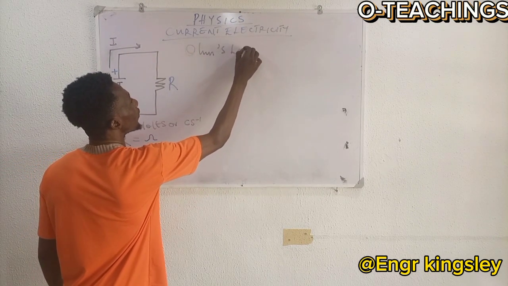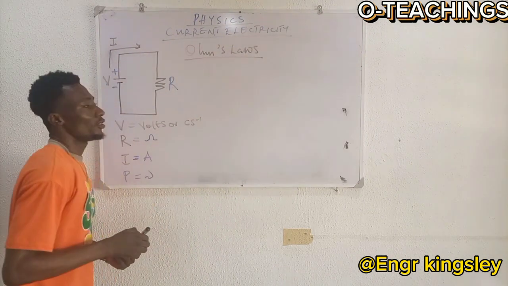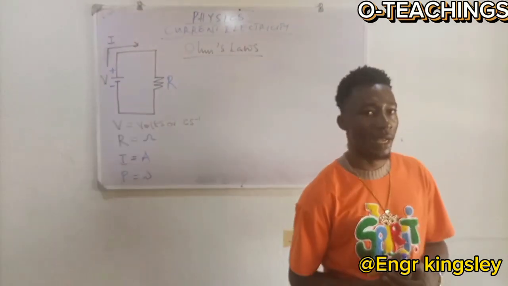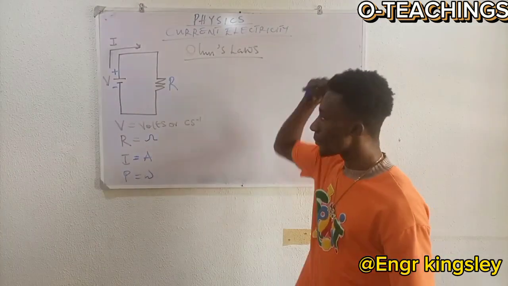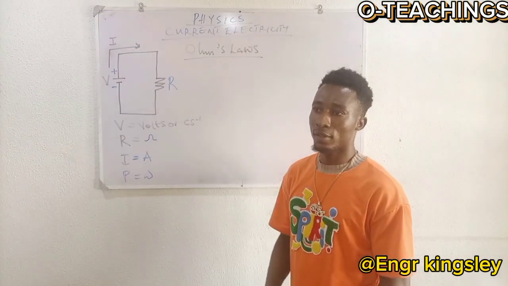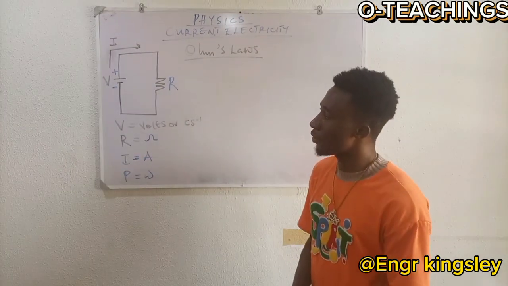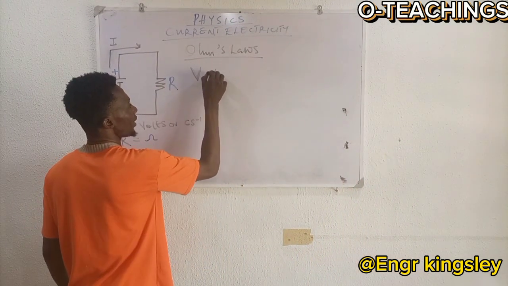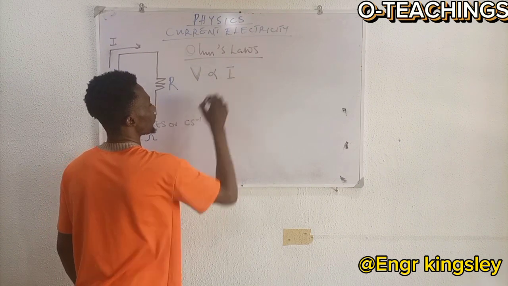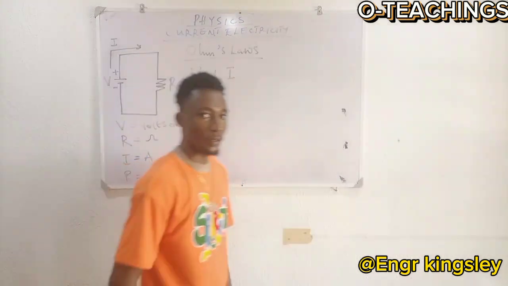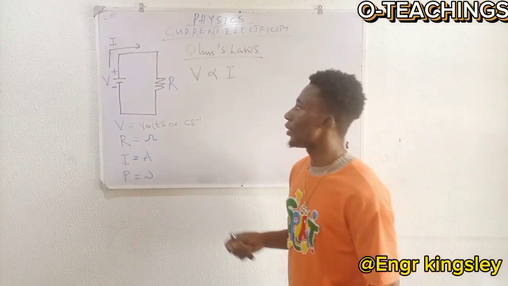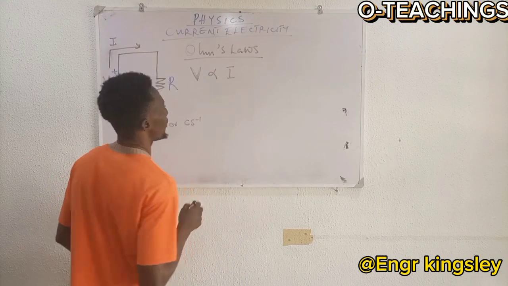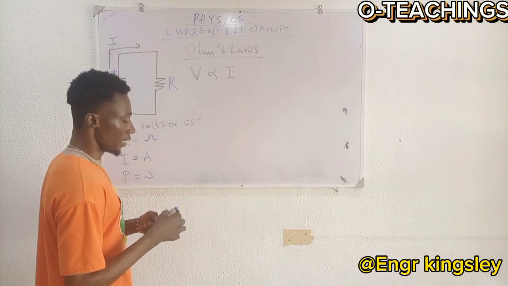Ohm's law states that the potential difference in a conductor is directly proportional to the current flowing in the conductor, provided that temperature and other quantities are kept constant. So whenever there is a proportionality sign, there is always a proportionality constant.